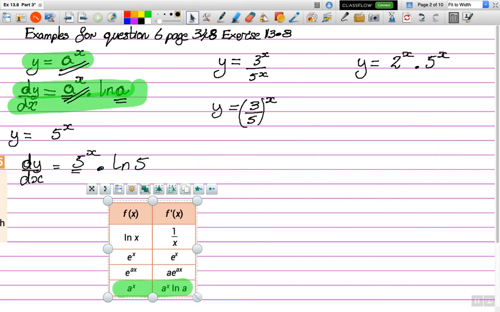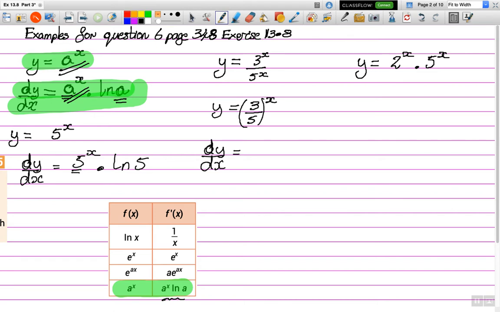We're going to be using the formula y is equal to a to the x, and dy dx is a to the x times log a. So using the formula, we've got dy dx is equal to a to the x log a.